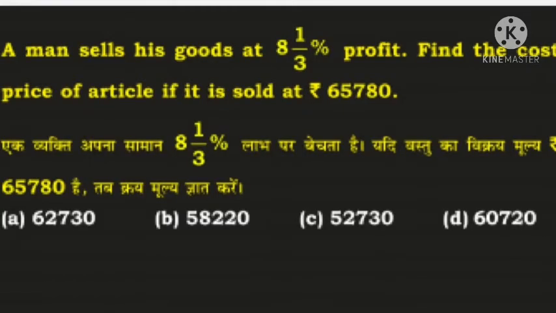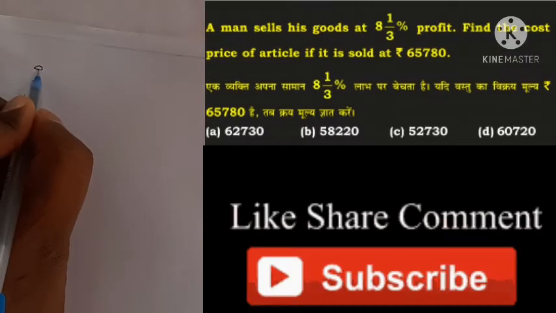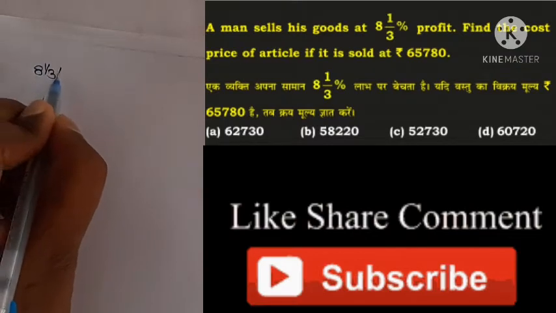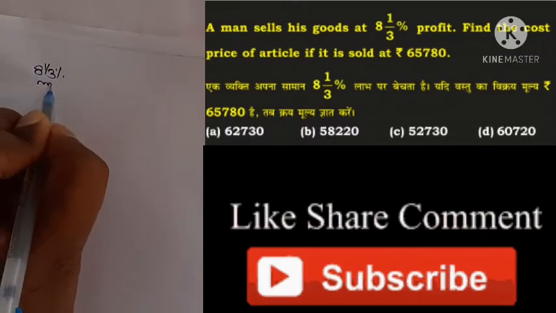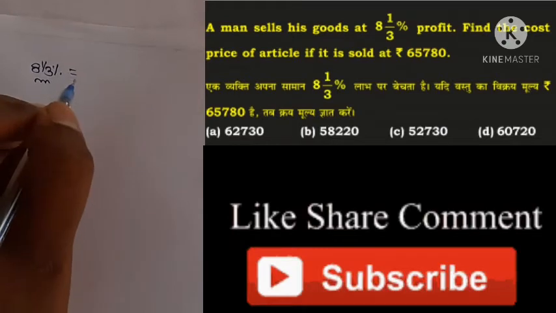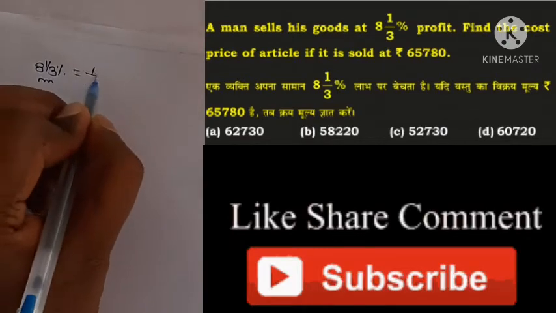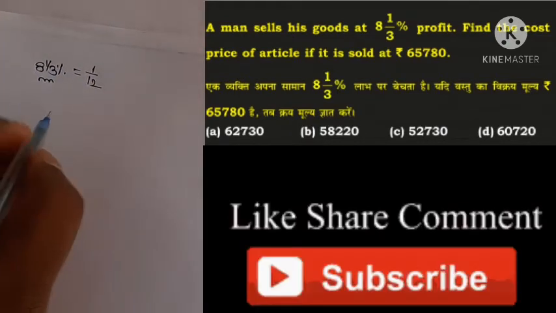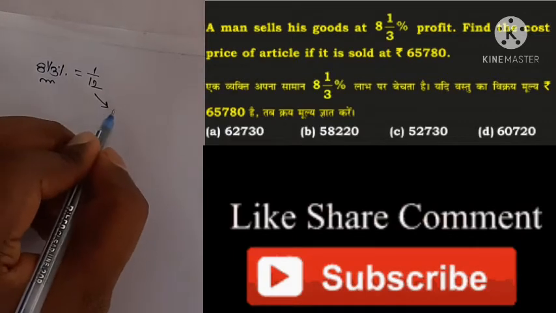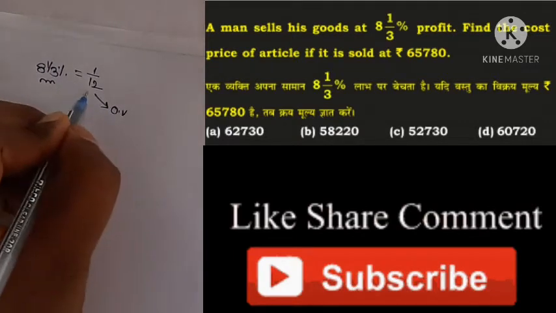A man sells his goods at 8 1/3% profit. Find the cost price of an article if it is sold at rupees 65,780. So 8 1/3%. Convert this percentage into fraction. This is equal to 1/12. Say the original value is 12 units.